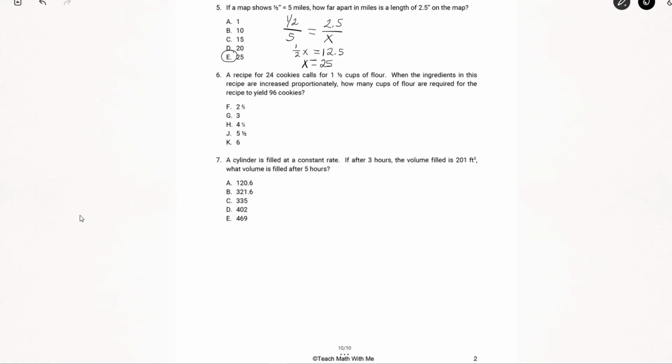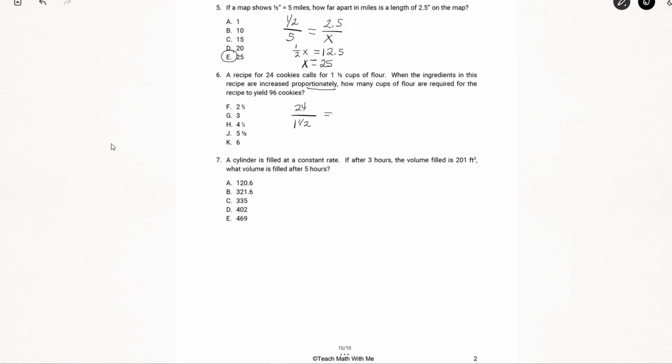Okay, number 6. A recipe for 24 cookies calls for 1.5 cups of flour. When the ingredients in this recipe are increased proportionately, there's our word proportionately, how many cups of flour are required for the recipe to yield 96 cookies? To get 24 cookies, we use 1 1/2 cups of flour.